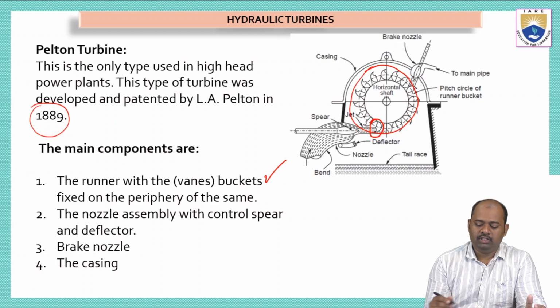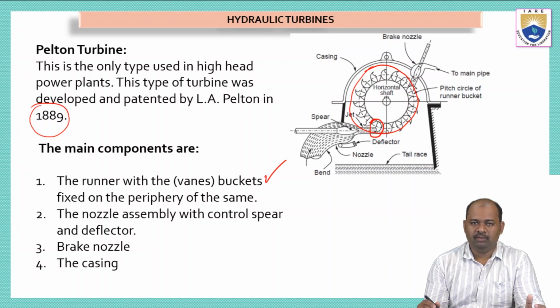This is the first component of the Pelton wheel turbine: the runner, with buckets fixed on the periphery of the runner. This central part is the runner. On this runner, we have these small vanes attached to it. This entire runner and bucket arrangement is fixed on a cylindrical shaft at the center.